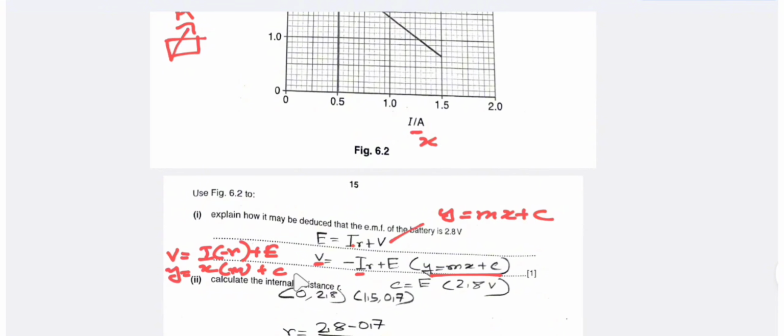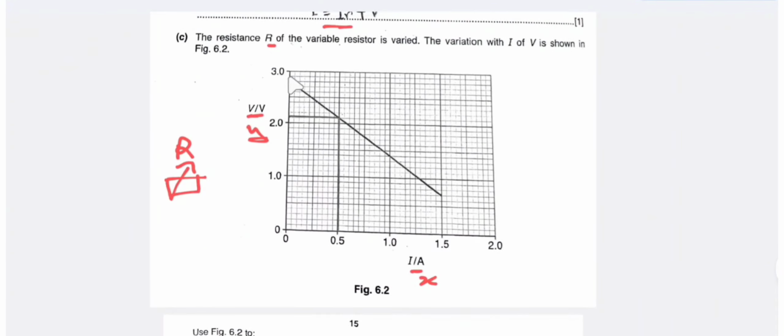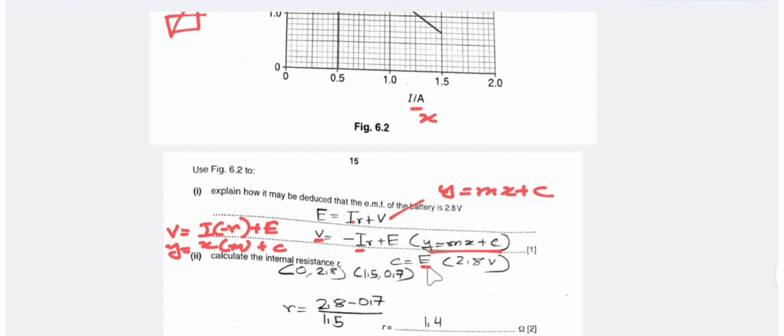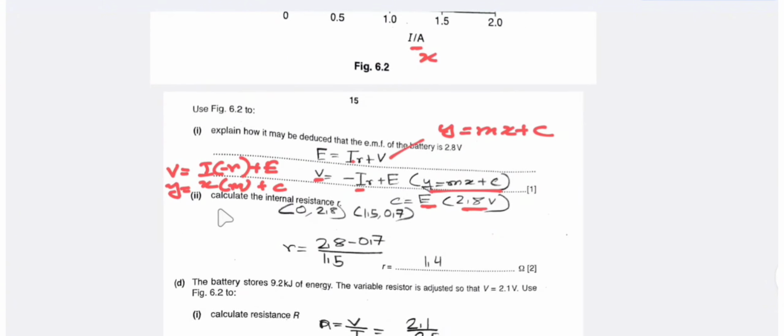So the EMF is the y-intercept. And what is the y-intercept? It is clearly 2.8 volt. So by using y equals mx plus c, we can see that the EMF, or the y-intercept, is 2.8 volt.